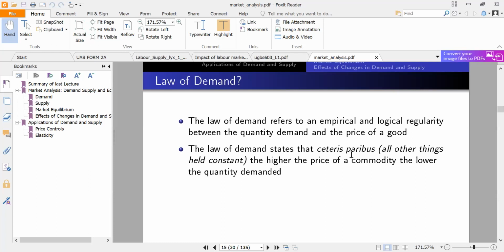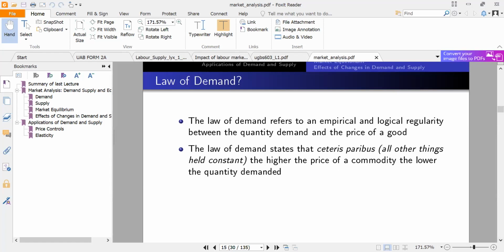The higher the price of a commodity, the lower the quantity demanded of the commodity, all things being equal. Your income is the same, your taste is the same. How much will you buy if the price changes? We are saying that the higher the price, the lower the quantity demanded.